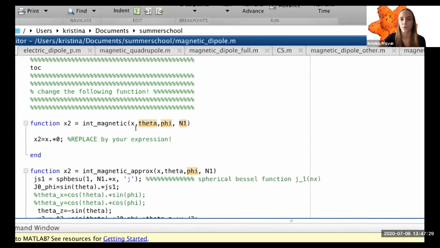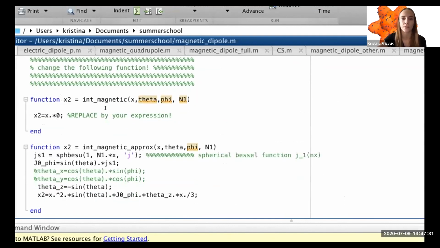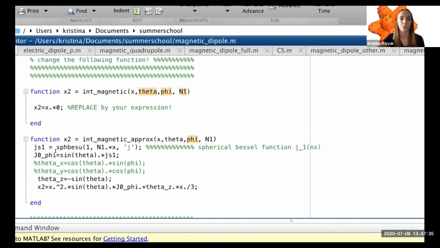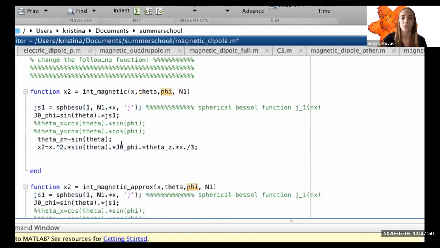It should be done by this function, but now it is wrong. You need to replace it by some expression. It is actually very similar to the approximate formula, but you need to replace something here to obtain the exact formula.